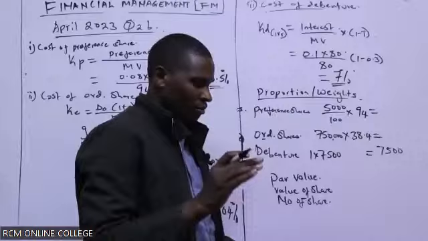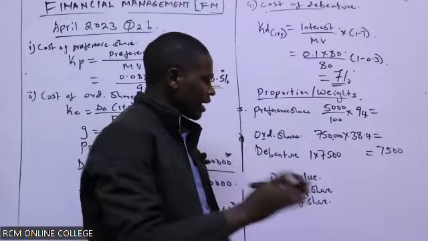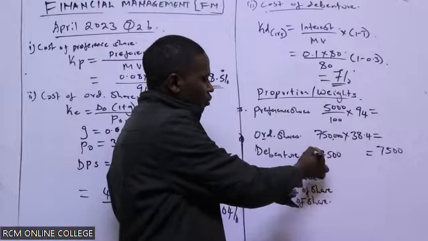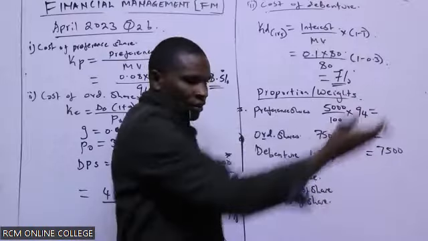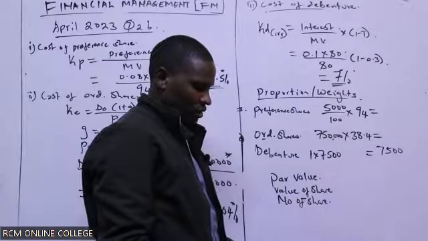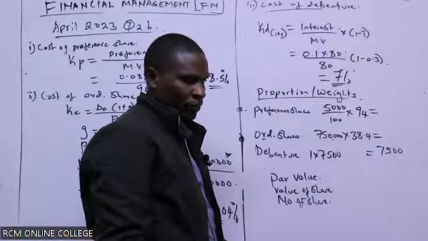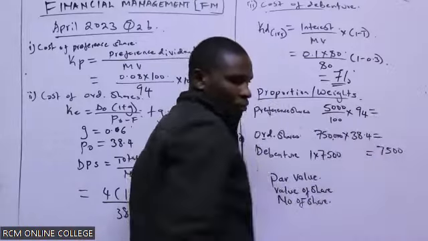Kwa debenture par ni kama 1. So hizi ni kama the shares available.